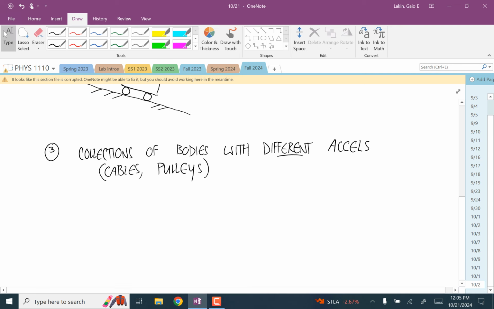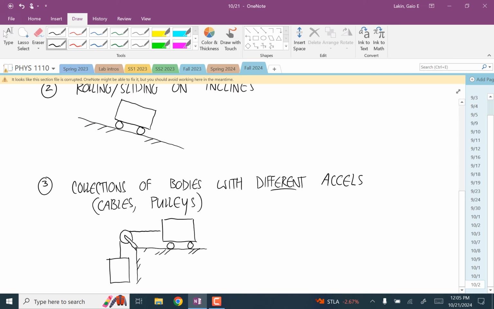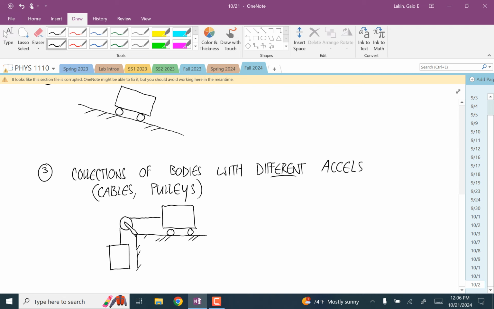And an example of a problem like this would be, say you have a rolling cart here that's attached by a cable to a hanging mass. Okay. And so we're going to finish talking about number 2 today. We'll probably at least get into the start of number 3. Okay. But these are the last 2 things we have to do for any kind of Newton's law problem.